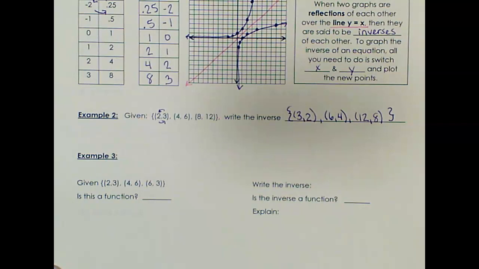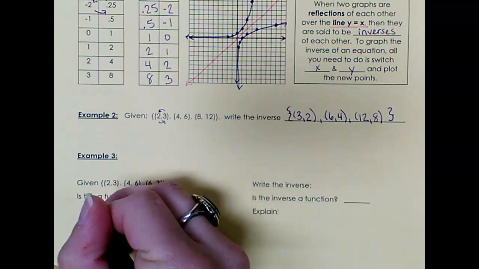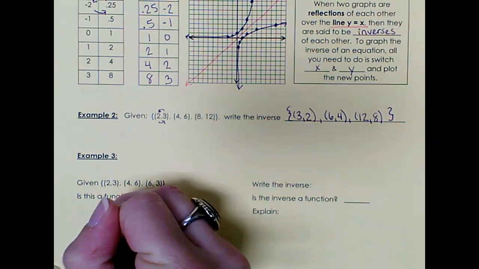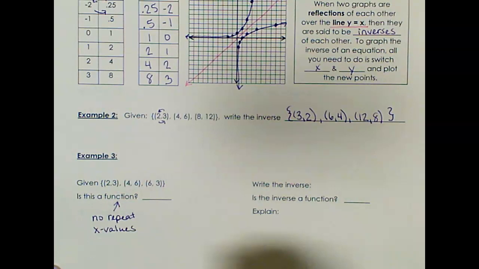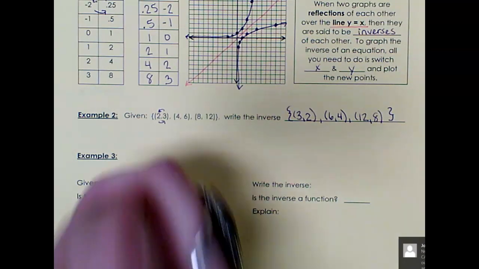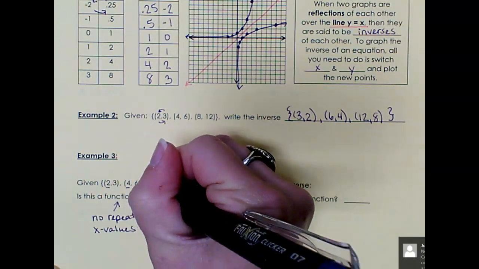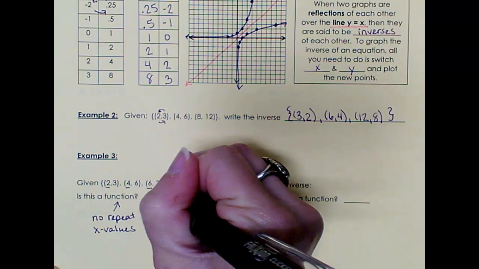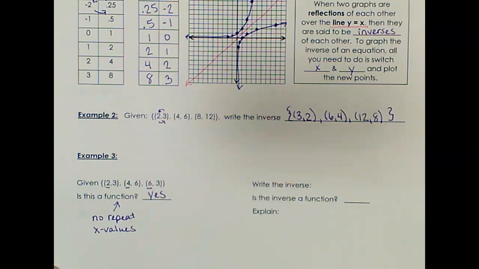And in a function, remember that x values don't repeat. So in a function, we have no repeat x values. Just a little review. So let's look at the x's. We have a 2, we have a 4, we have a 6. Is this a function? Absolutely. There are no repeating x values.